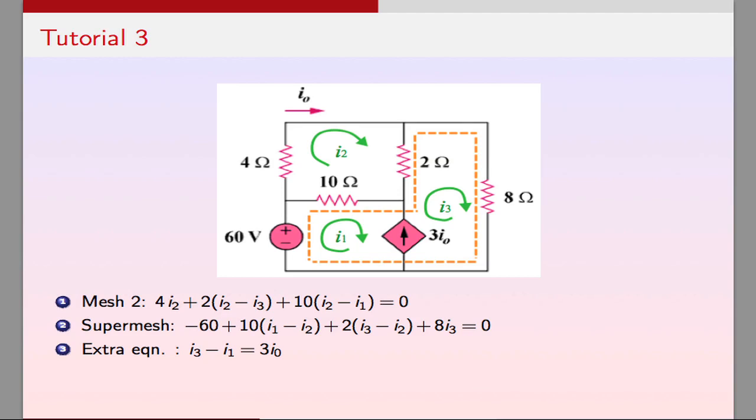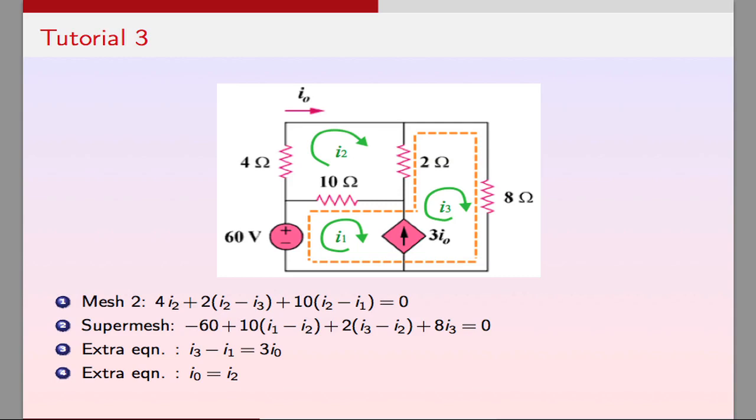Okay, so although we've added a third equation, a fourth unknown has come up. Now we have I0. So we need one more equation, and luckily we can express I0 in terms of the mesh currents. From the figure, it's clear that I0 is equal to mesh current 2, I2. So let's add this extra equation.